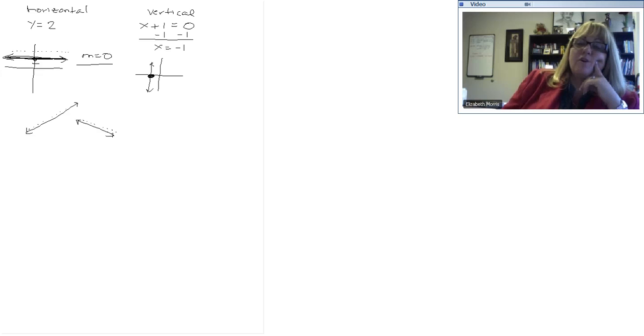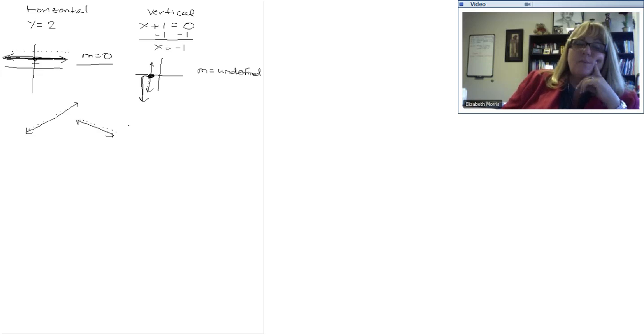Now, for the vertical, you may be rising, but you're not running. So if you try to walk, you're going to fall down. This is my way of remembering. If you fall down, you hurt yourself, you go splat, and you are what we call undefined.